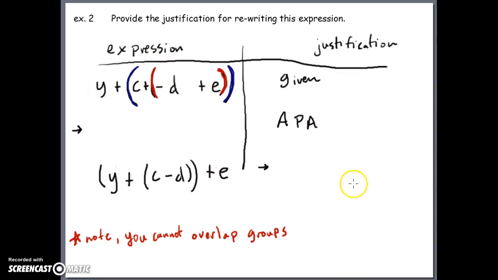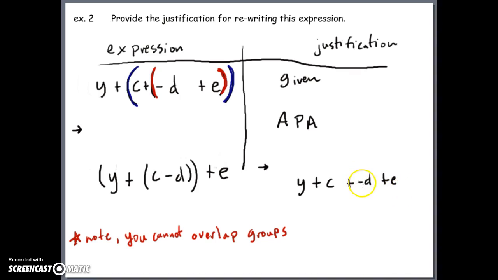Now I'm going to come down here and show you what I mean. Not only do we have to shift the smaller group of parentheses around the C minus D, we also have to shift the larger set. And there's only one way to do this without overlapping the groups. When I say overlapping, what I mean is this. Let's say that we shifted the large set of parentheses without shifting the small set.